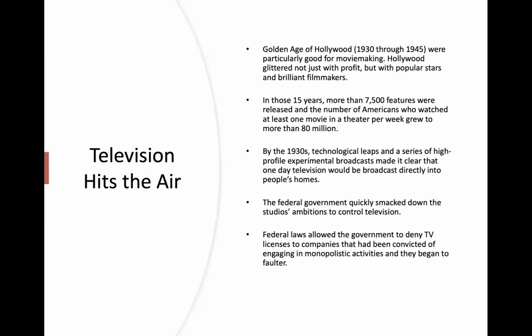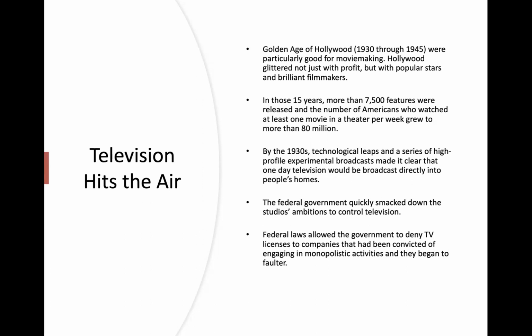Once we did that, we get into the era of television. The golden age of Hollywood was 1930 to 1945. That's when we really saw film starting to pick up. From there, we learned about the technology to create television on a smaller scale for movies. We really wanted to expand on that.